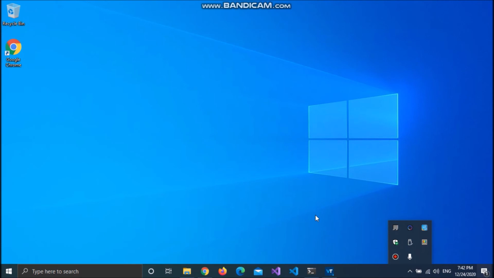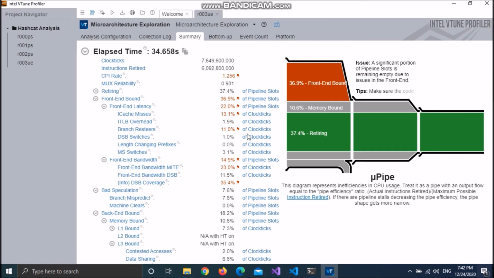Now I will be showing the results of the VTune profiler when profiled on Hashcat. So I finally managed to get it working. The main reason was actually quite simple: VTune profiler was limited by the OS because of its virtualization capabilities.